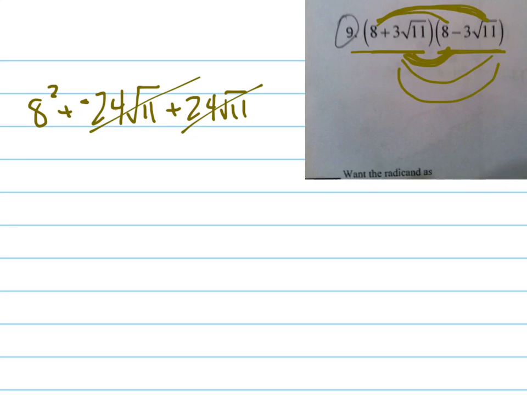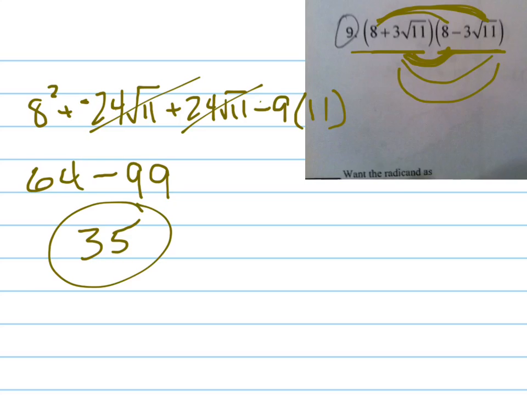And then the last terms are going to be minus 9 times the square root of 11 squared, which is just 11. Now when I simplify this, I get 64 minus 99, and when I simplify that, I just get 35. So your answer is 35.